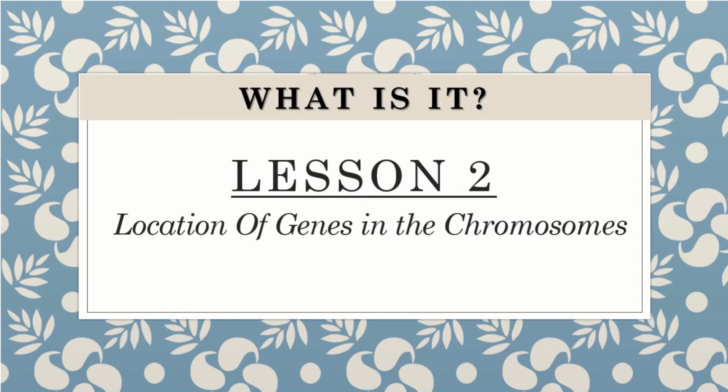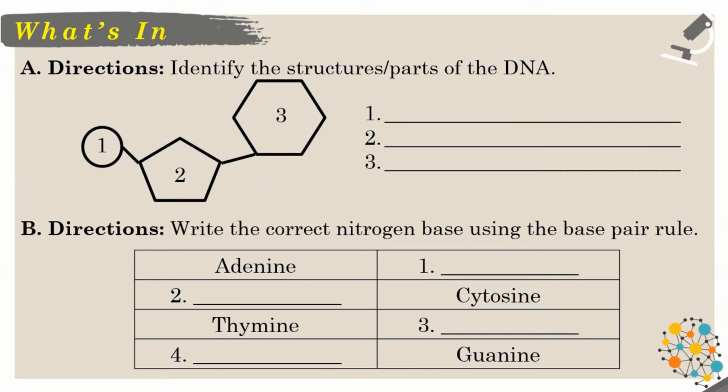Lesson 2. Under your lesson 2, it is all about the location of the genes in the chromosomes. But before that, you just have to fill in the activity under What's In. For letter A, you just have to identify the different structures of the DNA, just like what we have discussed a while ago.